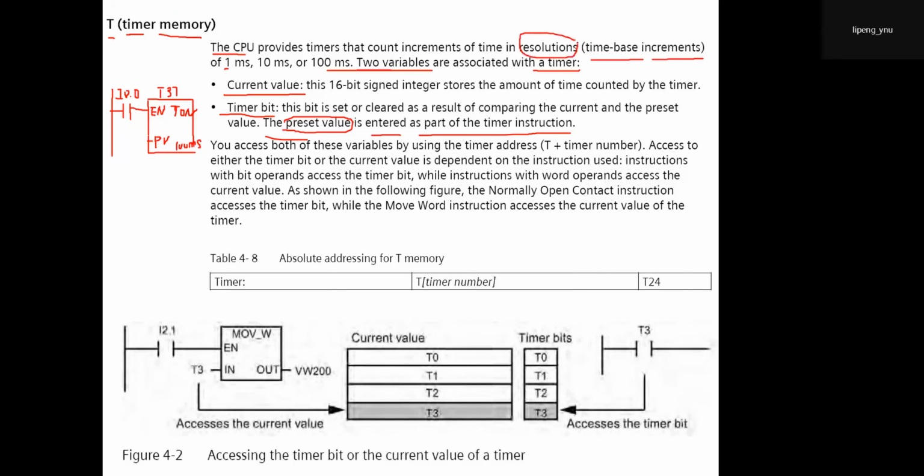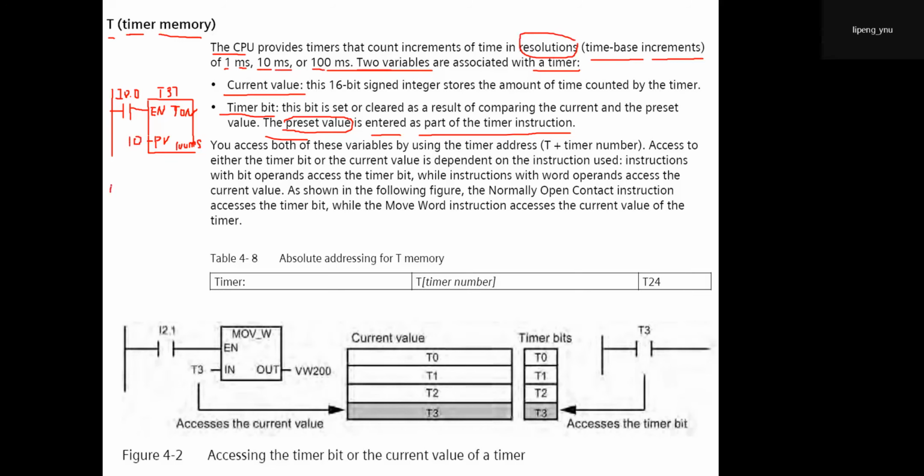It means it counts by 1 microsecond or 10 microsecond or 100 microsecond. For example, we can see this one. Maybe this is 10. This is 10. It means what?